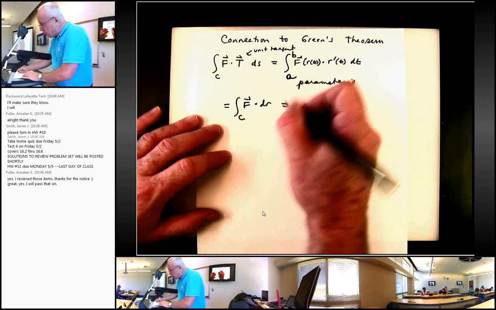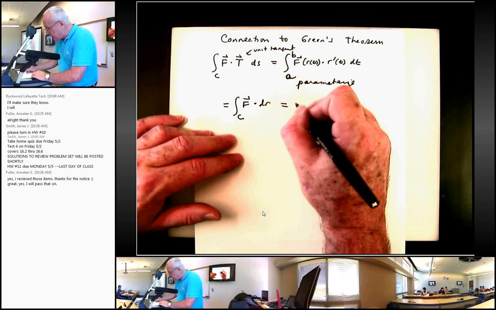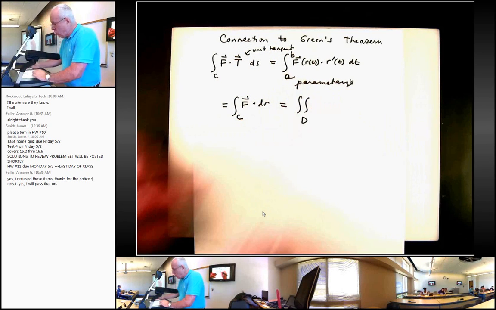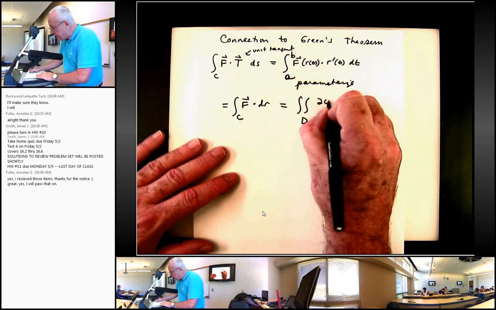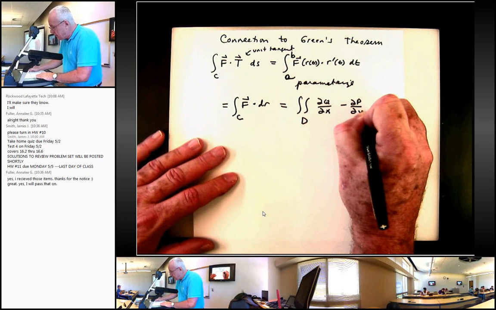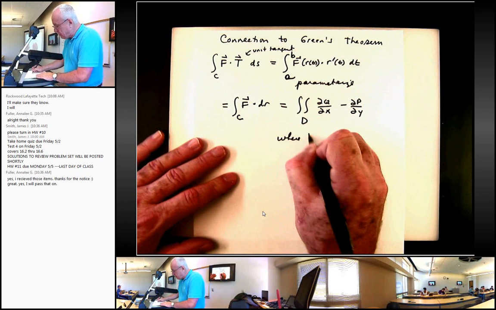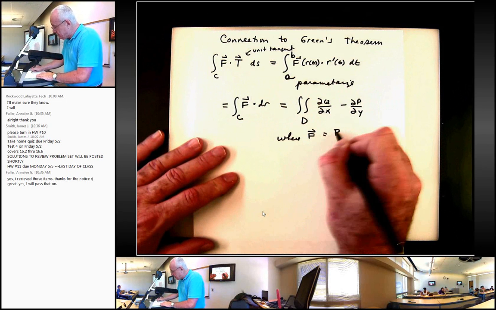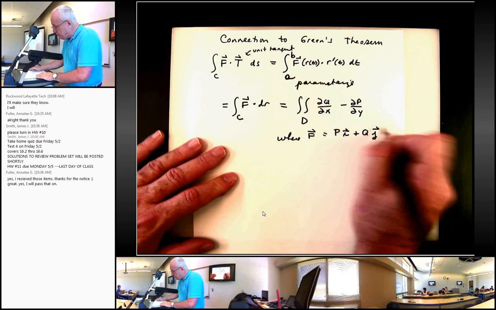Anyway, what Green's theorem showed was that all of these things equal the double integral over the region D of dq dx minus dp dy. And now this is where the force field is represented as p times the vector i plus q times the vector j.